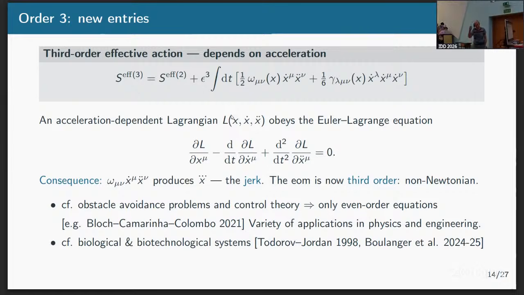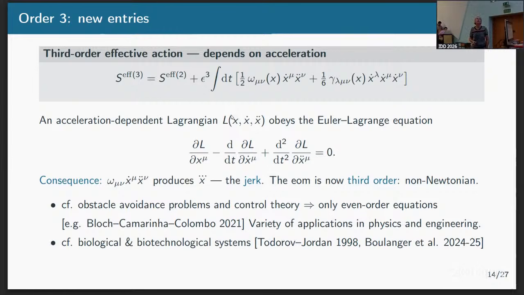Obviously, I know how to do the Euler-Lagrange equation, but because of the acceleration, I will have a third order derivative with respect to time in the equation of motion. It will not be Newtonian.